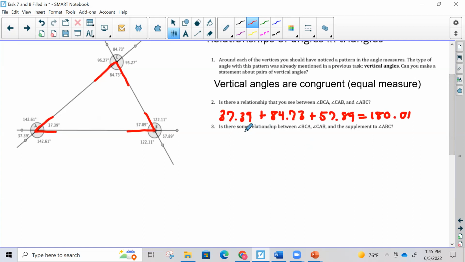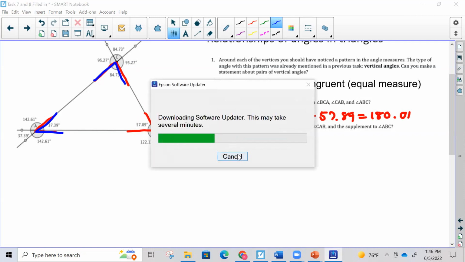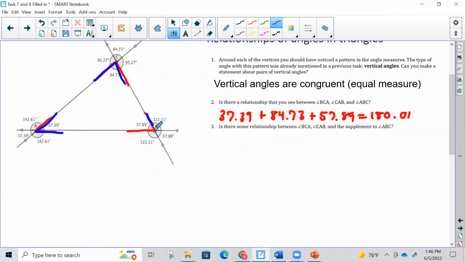And then the next question is the relationship between BCA, CAB, and the supplement to ABC. So BCA is this angle again, CAB is this angle, and ABC is this angle here, this 57.89, and the supplement is this angle here.